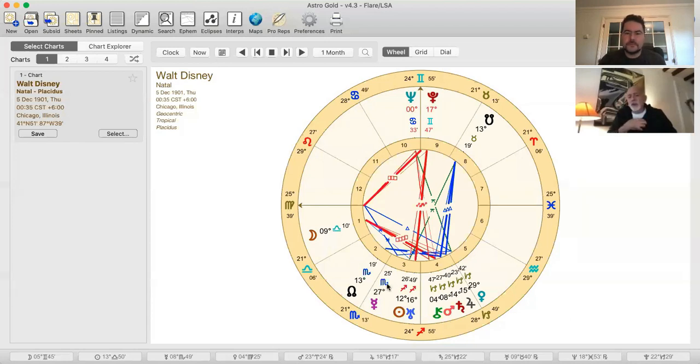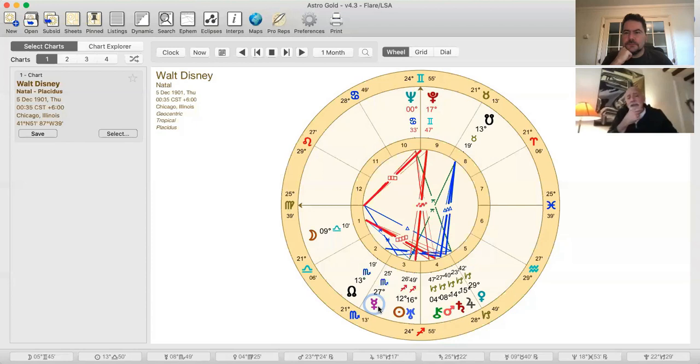The ruler of the chart is the God to whom you live your life in service. That is going to be who you become more of. And his Mercury, I think, describes him very, very well.